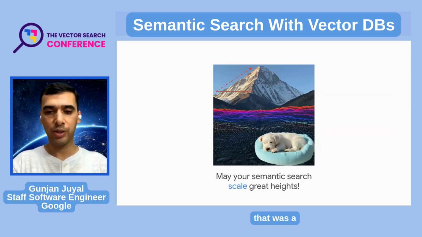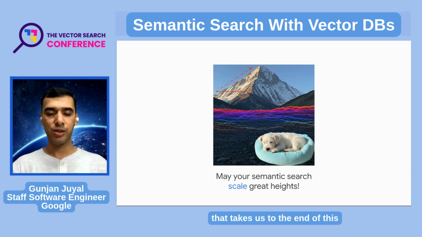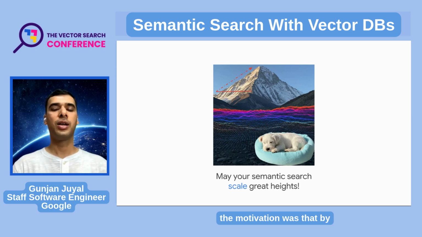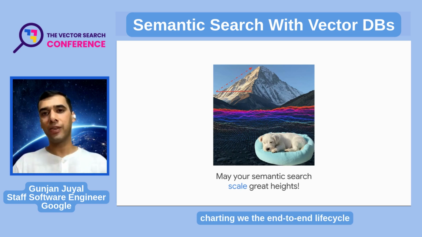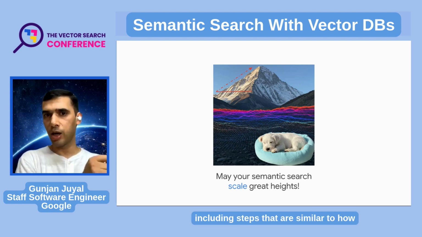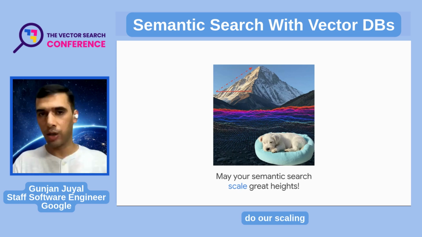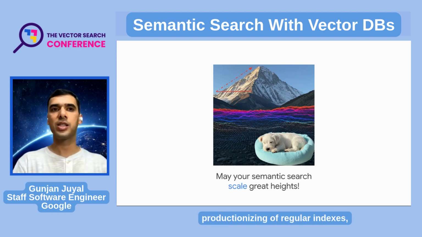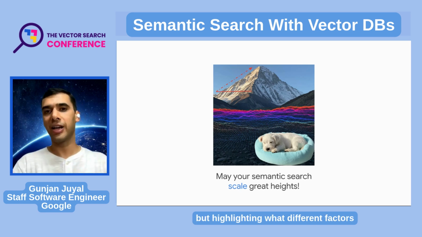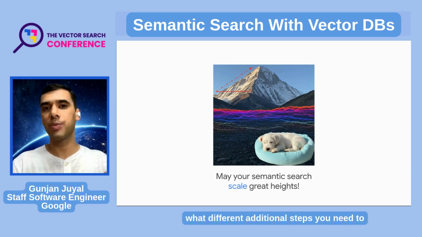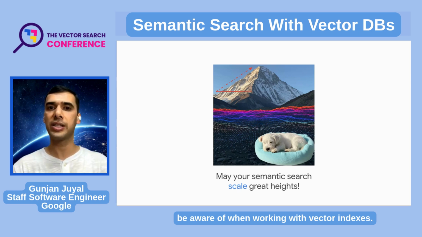And yeah, that takes us to the end of this presentation. And it was a lot of content. Again, just to recap, the motivation was charting out the end-to-end life cycle of a vector index, including steps that are similar to how we usually do our scaling and sizing and productionizing of regular indexes, but highlighting what different factors we need to keep in mind, and also laying out what different additional steps you need to be aware of when working with vector indexes.